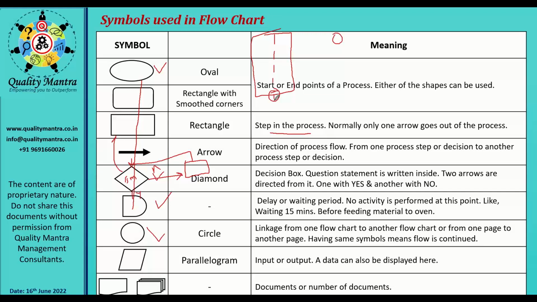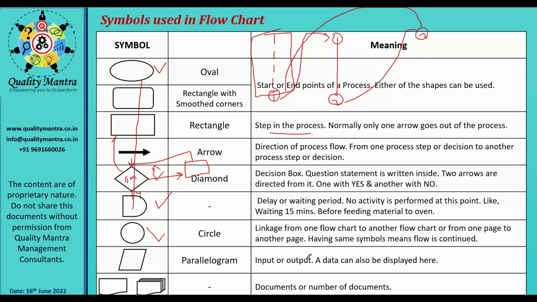You may write 1 here and put 1 there. It means this is linked with the 1 there. And then again you continue with your process. If you are going to a third page, you can put 2 here, and on another page it will start with the 2 at the top, meaning this is connected with this, not that one, because both are circles. That's why you need to put the number also.